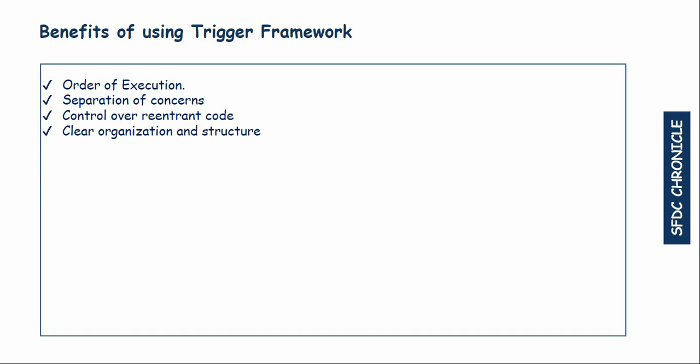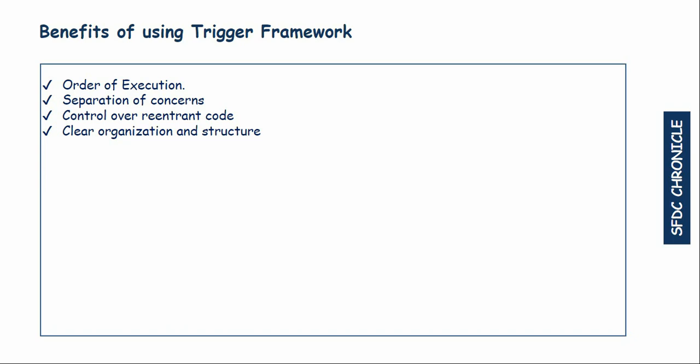First up, what do we mean by order of execution? If you have written multiple triggers on the same object, it becomes hard to track which one runs first. That's why in this framework we'll follow a best practice, only one trigger per object. This architecture uses dispatchers and handlers to manage different scenarios.